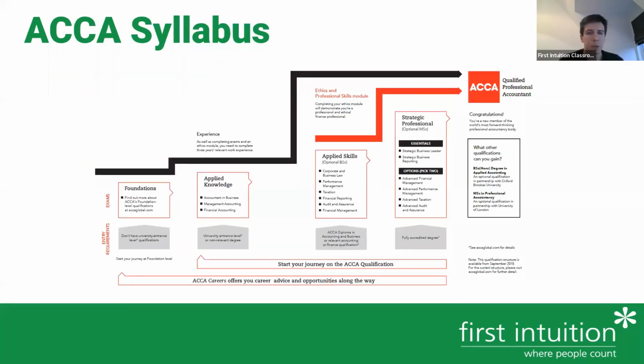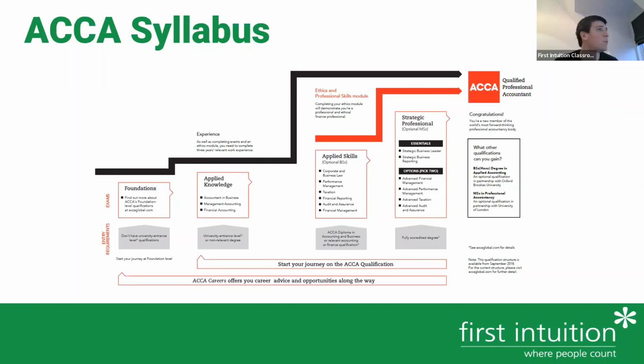So the ACCA syllabus, without getting too involved, you can see builds up, hence the illustration here. If you look at the experience section there, after the foundations, you've got applied knowledge. With applied knowledge, these are the foundation elements, the kind of core elements, if you like, that you will then build upon with the next level.